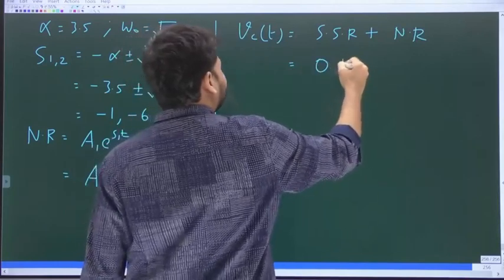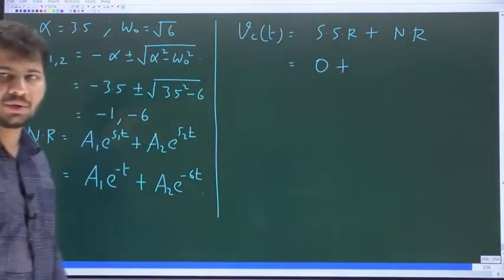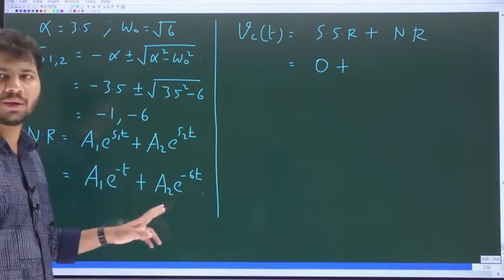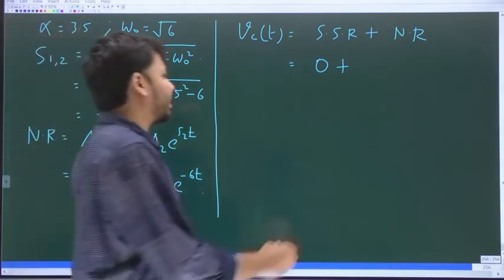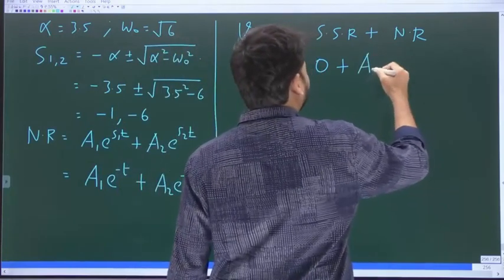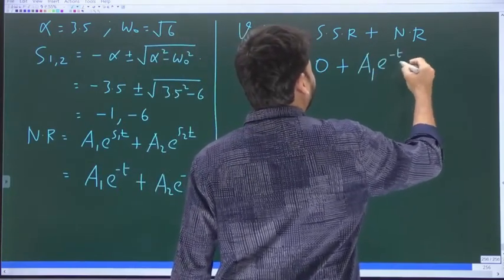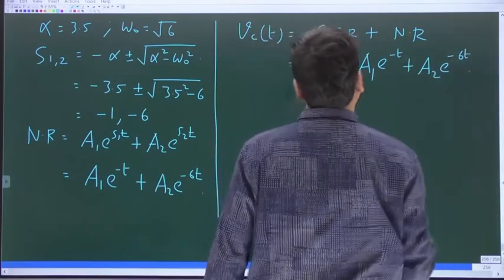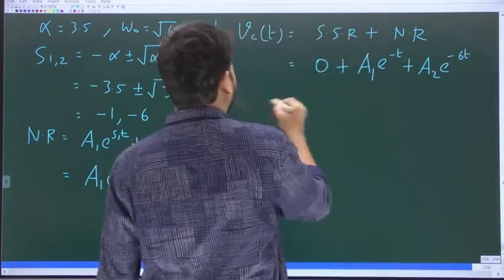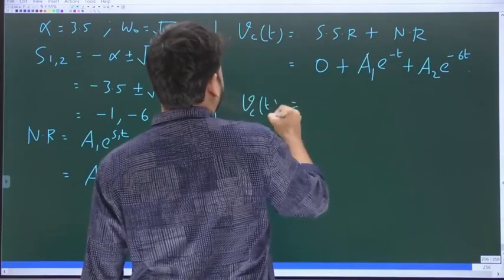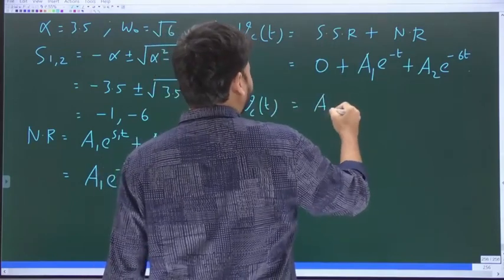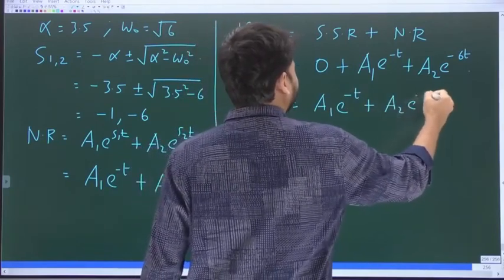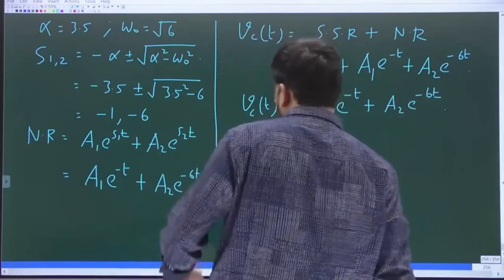In this case, the steady state response is 0, whereas the natural response is A1 e power minus t plus A2 e power minus 6t. So now we have Vc of t equal to A1 e power minus t plus A2 e power minus 6t.